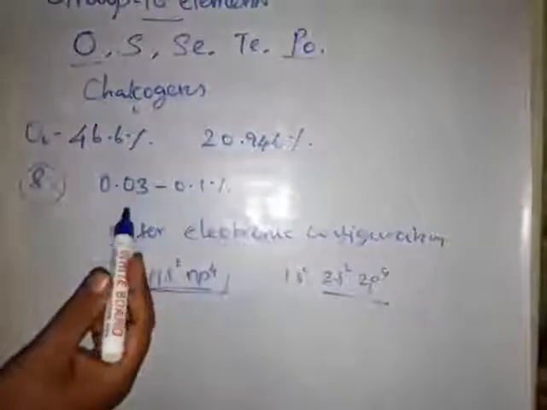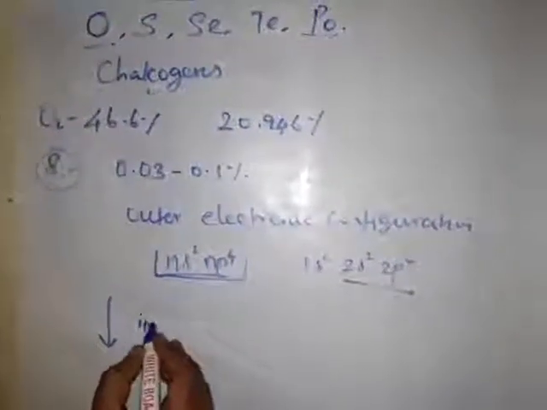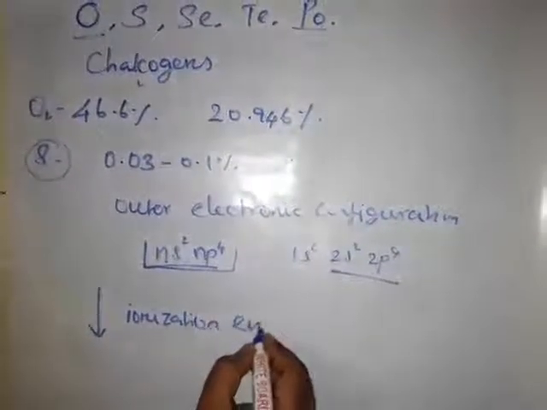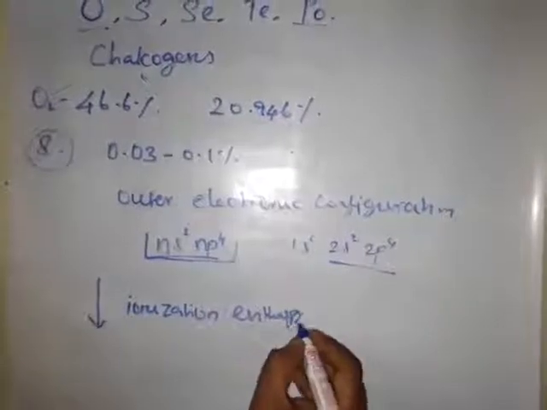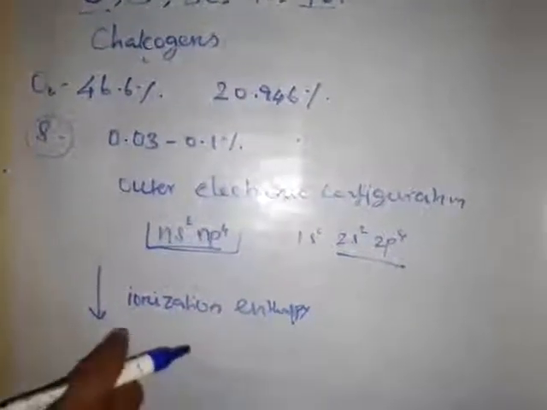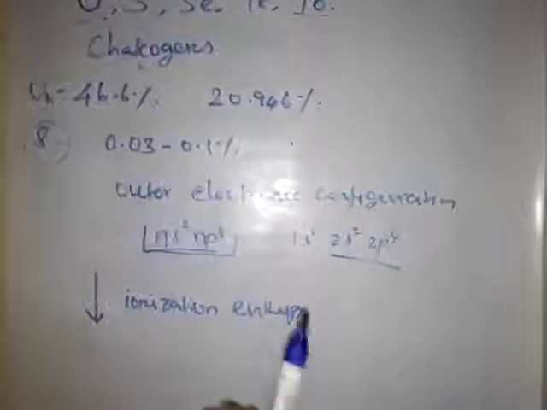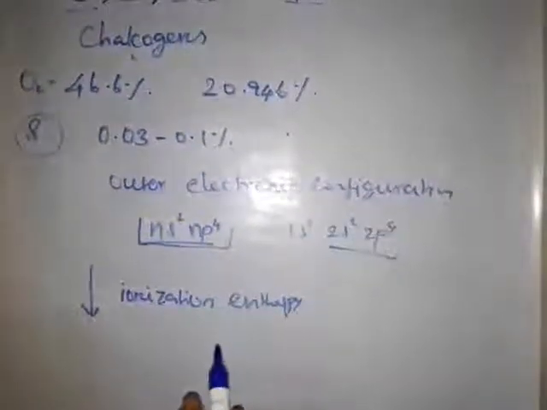The ionization enthalpy decreases down the group because the size increases from oxygen to polonium.